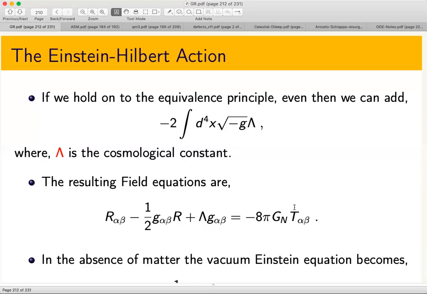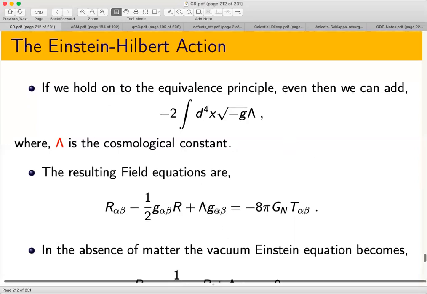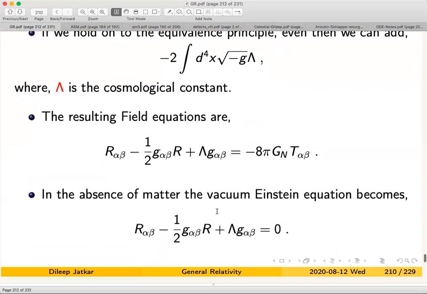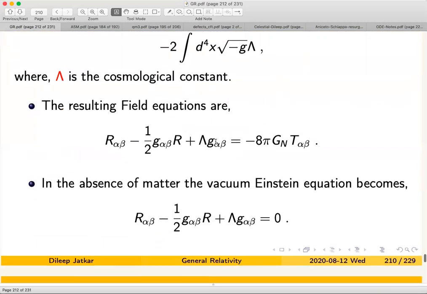So all you have done is that you have replaced the matter energy momentum tensor by a new object, which is effectively a new energy momentum tensor. And that new energy momentum tensor tells you that you can interpret lambda as vacuum energy.